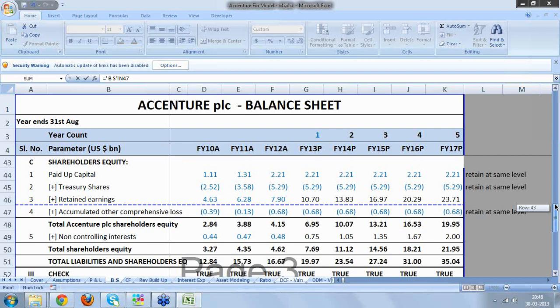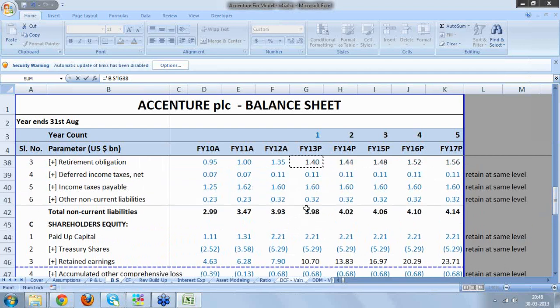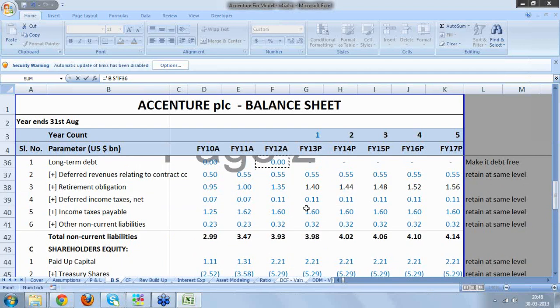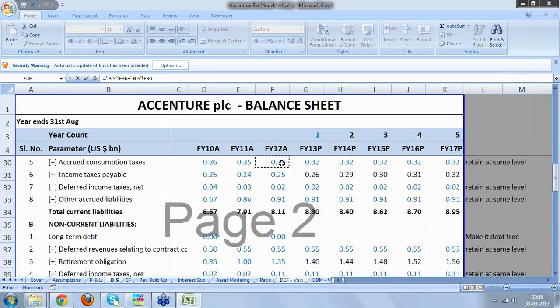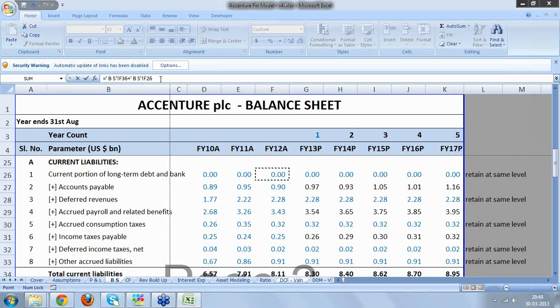So I locate my debt: long-term debt is here, FY12 long-term debt plus FY12 current portion of long-term debt. So this is my total long-term debt or any kind of borrowings. So last year minus this year will give me repayment.